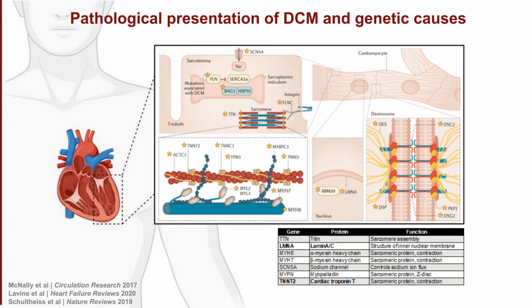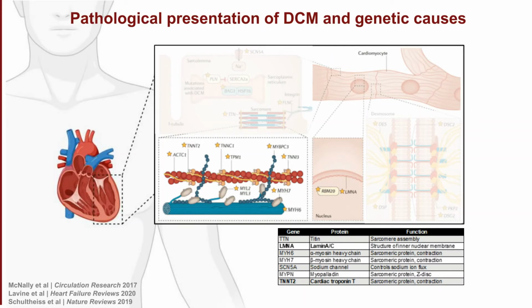And although there are at least 33 genes associated to date, over 75% of the known cases have mutations residing in just a handful of genes, some of which I've highlighted in this table. In today's talk, I'll further highlight two key genes, Lamin A, which structurally supports the cell's nuclear envelope, and the cardiac troponin T, which is part of the contractile machinery of the heart that helps it beat.